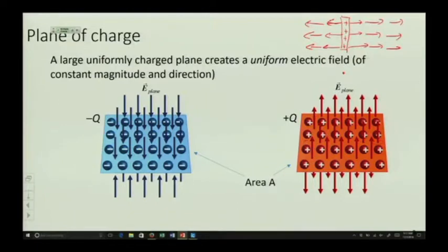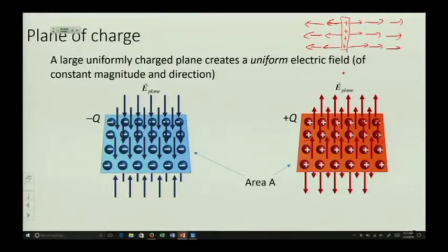That means the charge distribution everywhere on the plane is the same. So if I take any patch of area A and I count the total charge in that patch, if I take a different patch of the same area, I'll get the same amount of charge there. So the amount of charge per unit area is constant everywhere.